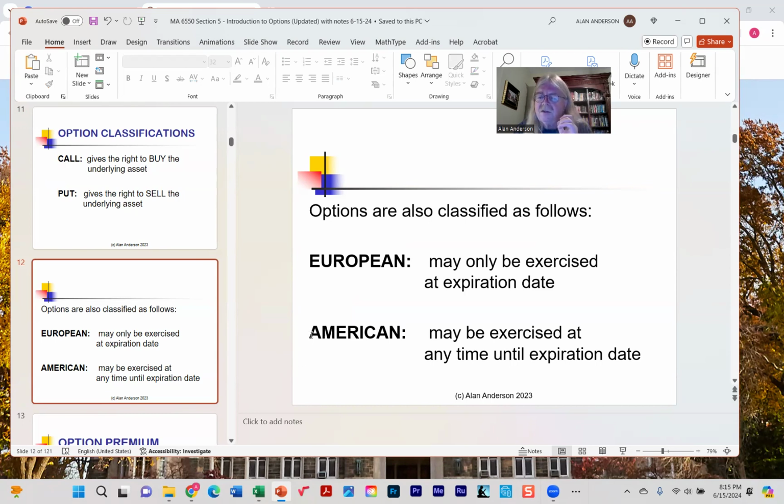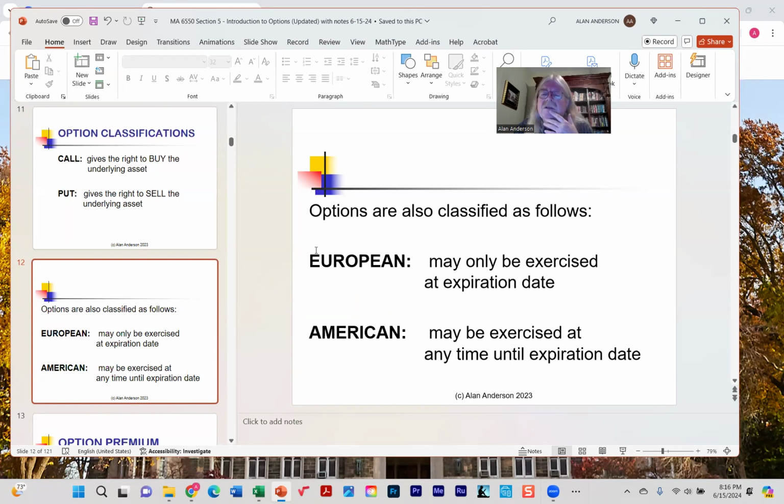But if it was an American style option, every day until that maturity date arrives on July 1st, I can call up the broker and say, listen, I want to exercise this option, or just hang on to it until I decide that I do want to exercise it.